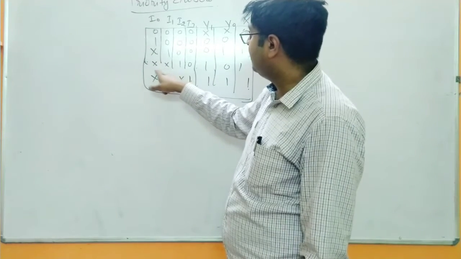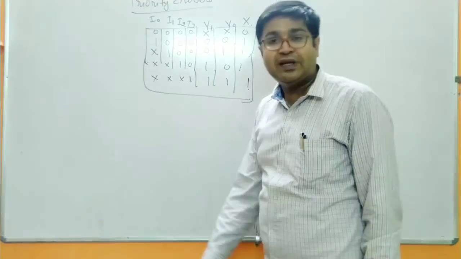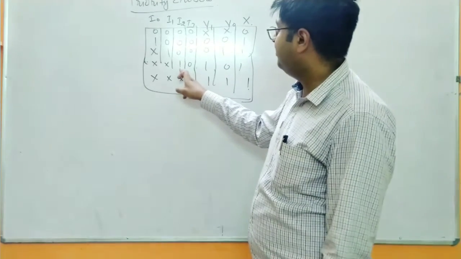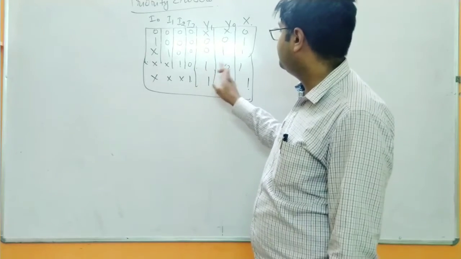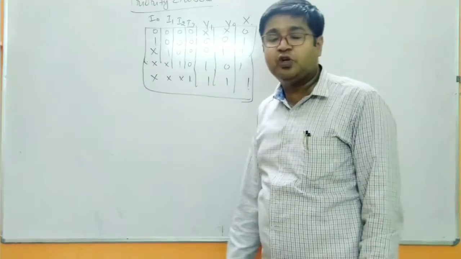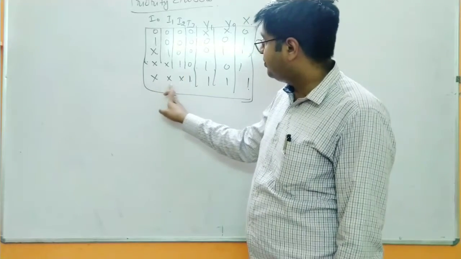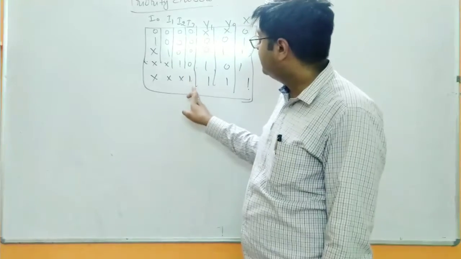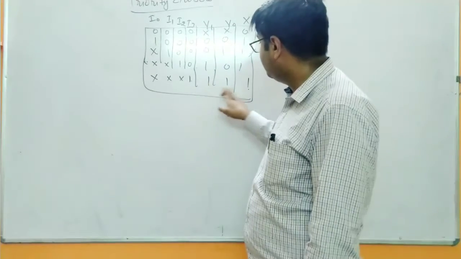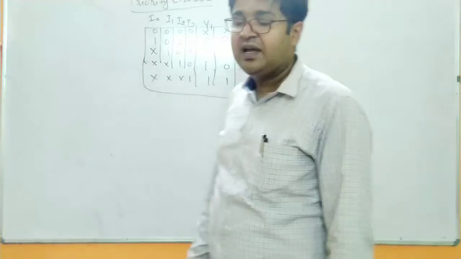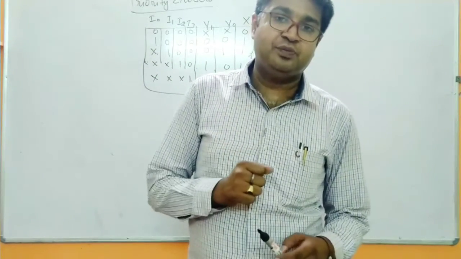Now if priority is given to I2 and 10 is provided to I2 and I3, one is active high and this is active low, so this one will become 101 irrespective of the combinations provided to them. Same with the other, if 3 is prioritized and the last number is given active high, now all these outputs will be active high. So this is how you are going to put a priority.